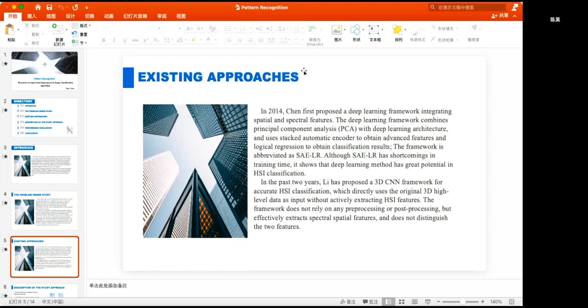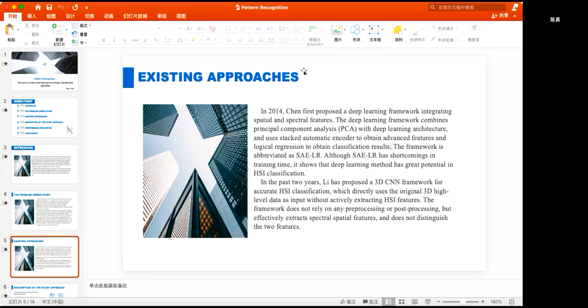In 2014, Chen first proposed the deep learning framework integrating spatial and spectral features. The deep learning framework combines principal component analysis with deep learning architecture.